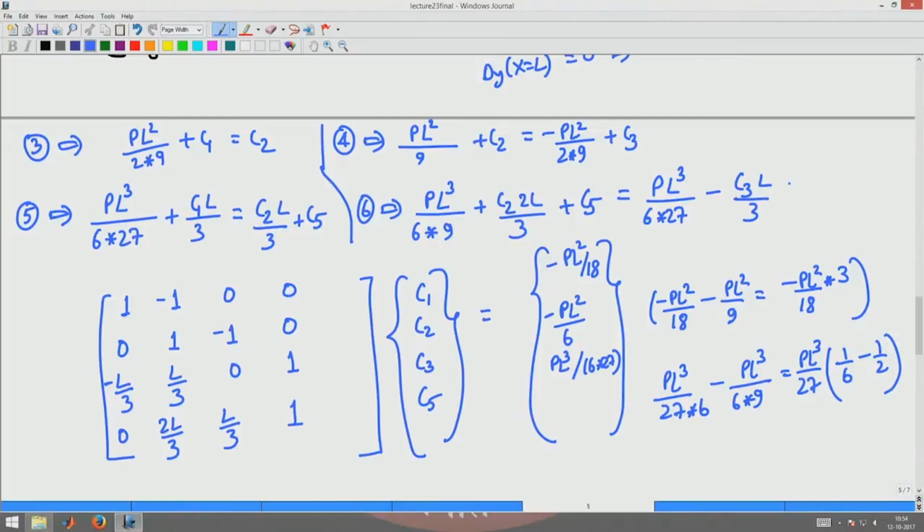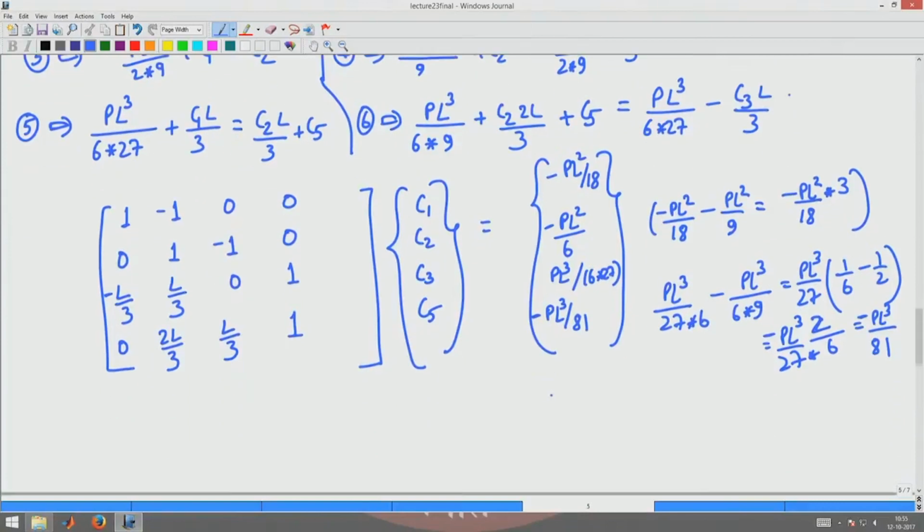So, this will be PL cube by 27 into 6 into 2. So, that will be PL cube by 81, minus PL cube by 81.